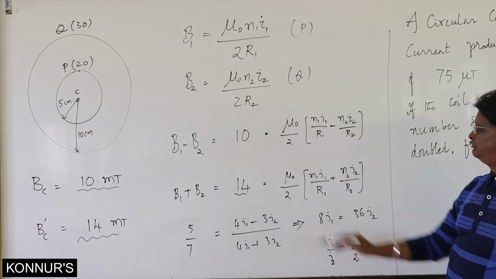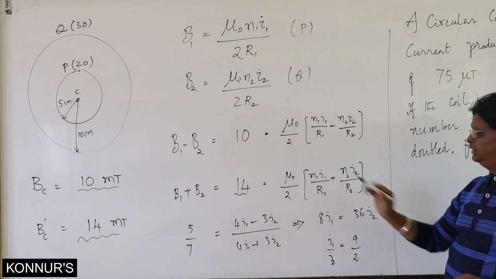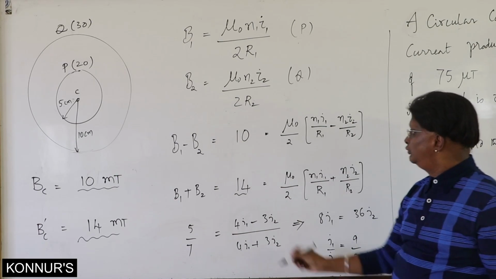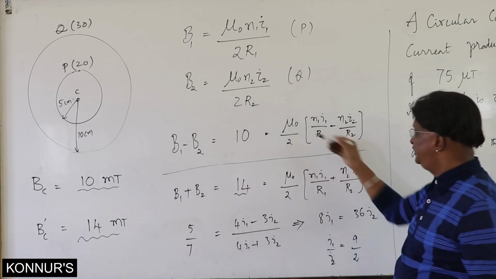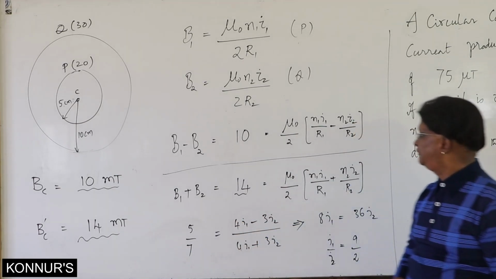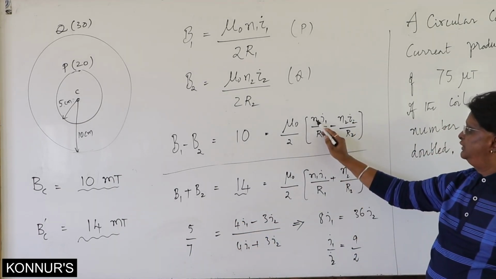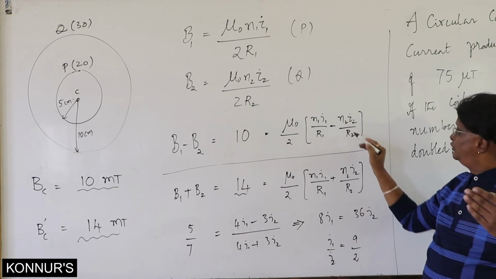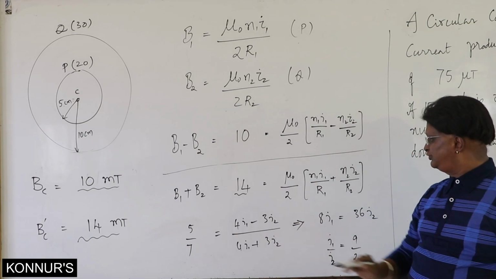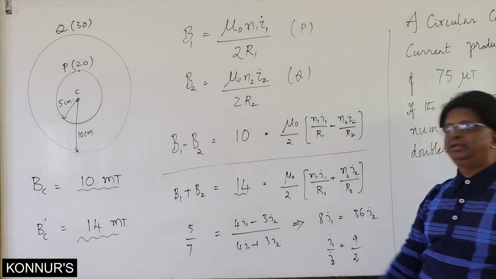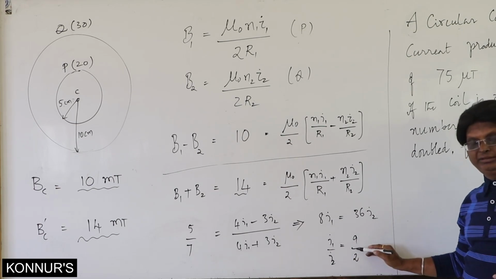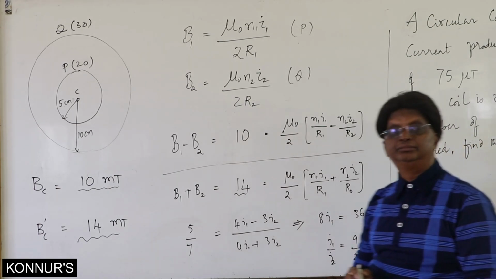Similarly, the second term would be B1 plus B2, here with a positive sign. Now when you take the ratio, you get 10 by 14, 5 by 7. We know all the values of N1, R1 and N2, R2, I have given those numbers. It will be 4I1 minus 3I2 by 4I1 plus 3I2. The result gives you I1 by I2 is equal to 9 by 2, which is the answer.